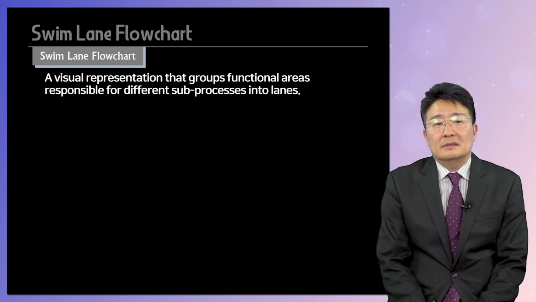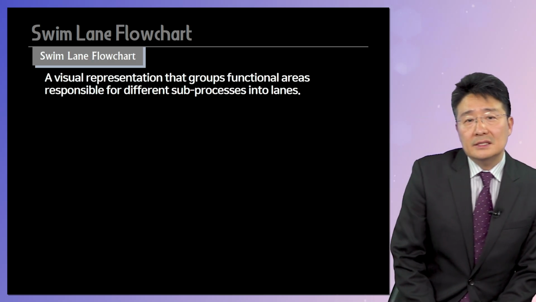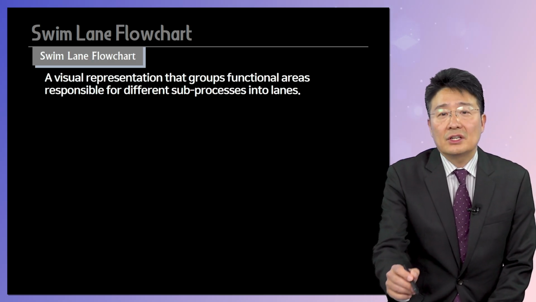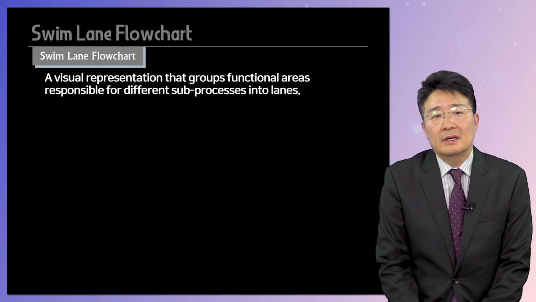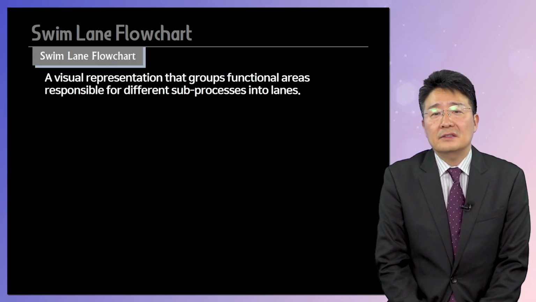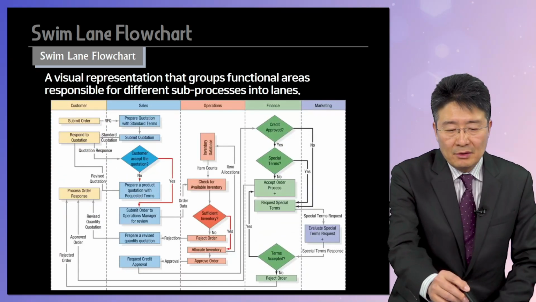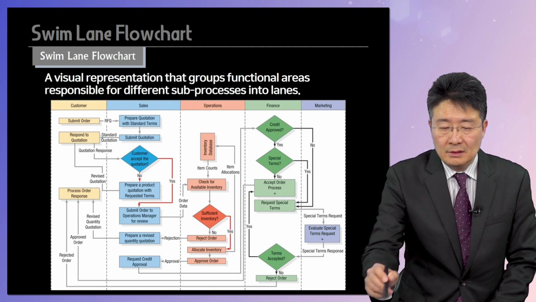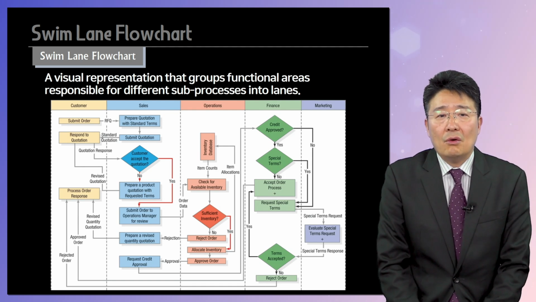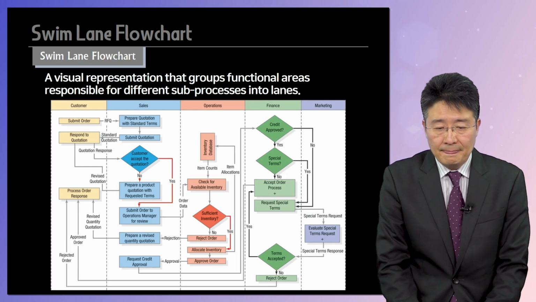Let me explain the swim lane flow chart. This is a visual representation that groups functional areas responsible for different sub-processes into lanes. We have several lanes in here. They are all concatenated and connected in sequence.